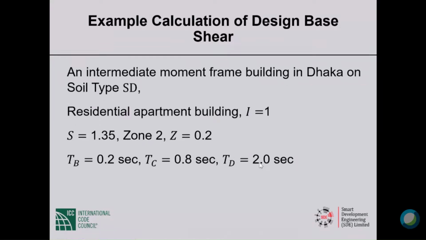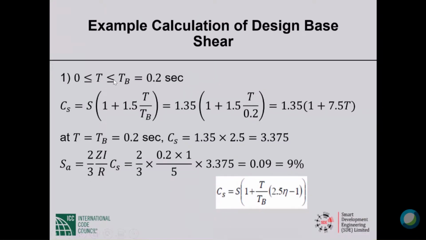So for the range of period from 0 to 0.2 second, from 0 to T sub B, this is the equation of the ramp. Our eta is equal to 1. So in our case, the equation is this. Our S is 1.35, T divided by T sub B of 0.2. That gives us this value for C sub S. So at T equal to T sub B of 0.2 second, C sub S becomes 3.375.